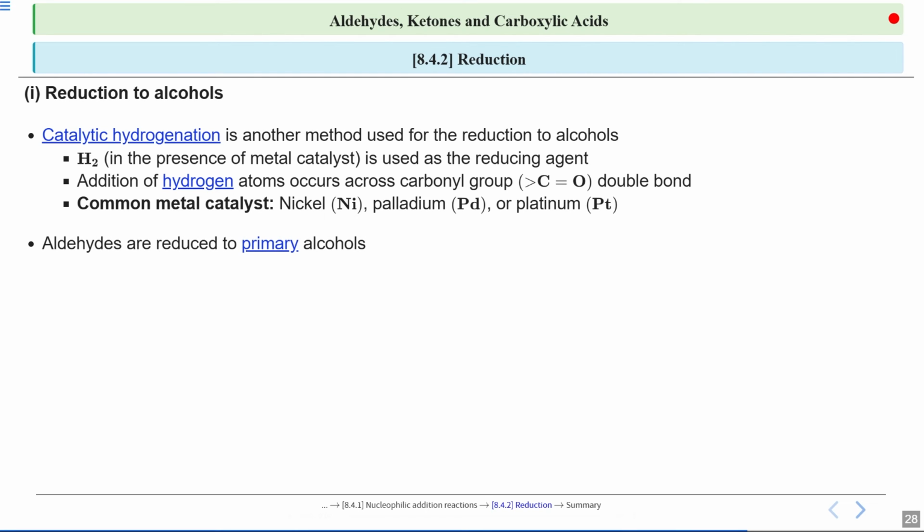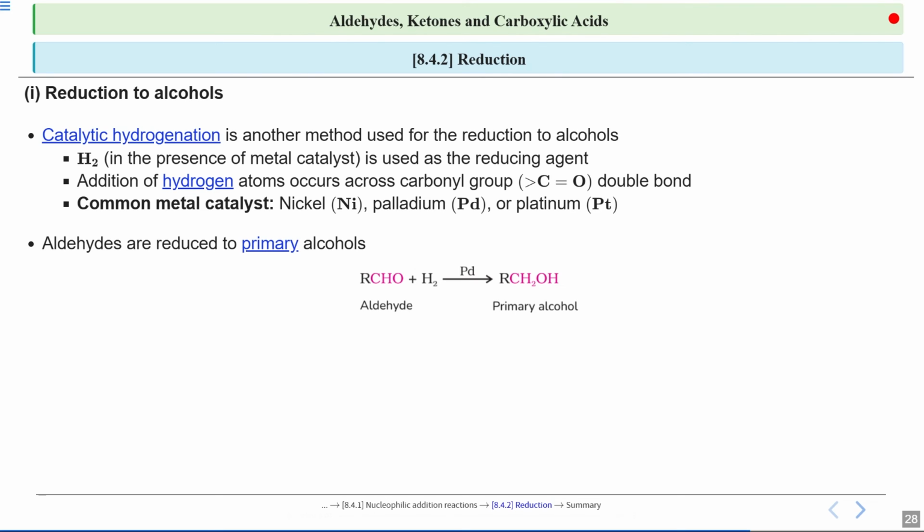Now, aldehydes are again reduced to primary alcohols. If you look at this aldehyde, when you do the catalytic hydrogenation in the presence of a metal catalyst, which is palladium, you get a primary alcohol. There is addition of H2.